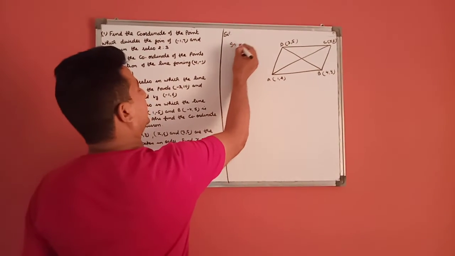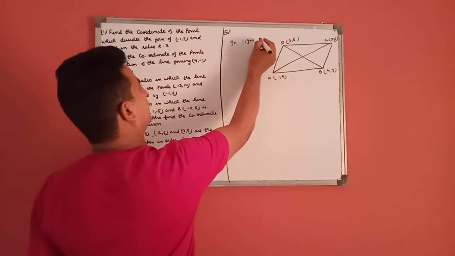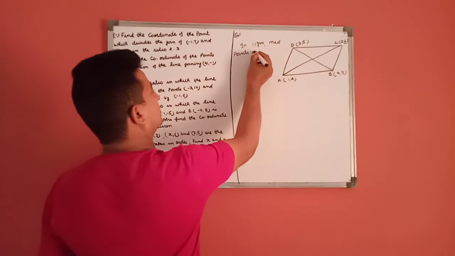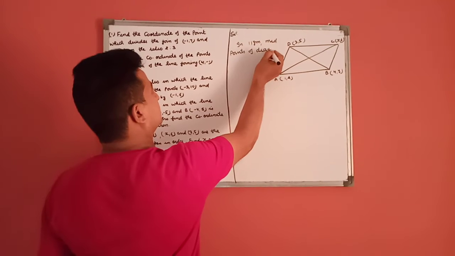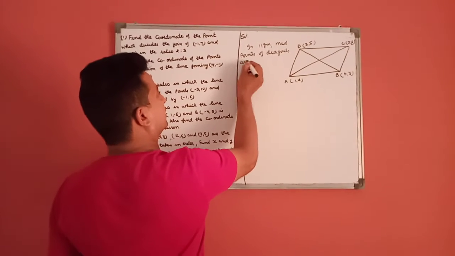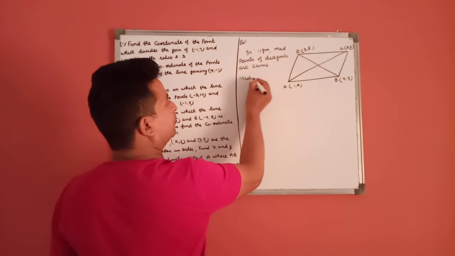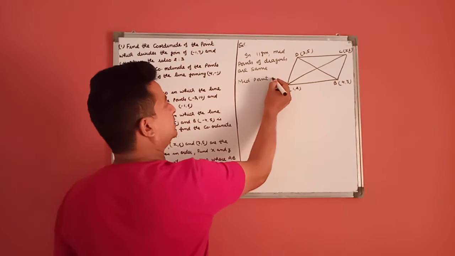As we know, in a parallelogram, the midpoints of diagonals are the same. So first we find the midpoint of AC.